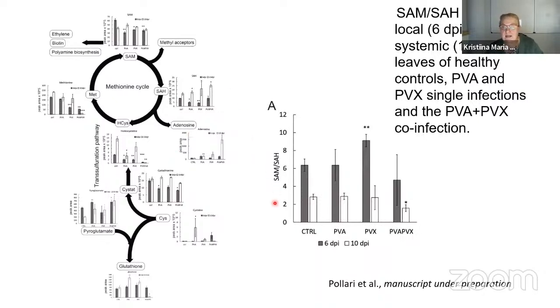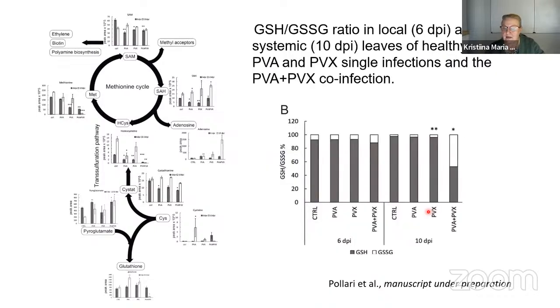What we can say is that there is a reduction in the methylation capacity in these plants, as well as a reduction in the glutathione reduced and oxidized form very clearly in these plants, which is one factor underlying this very severe stress and death of these plants.